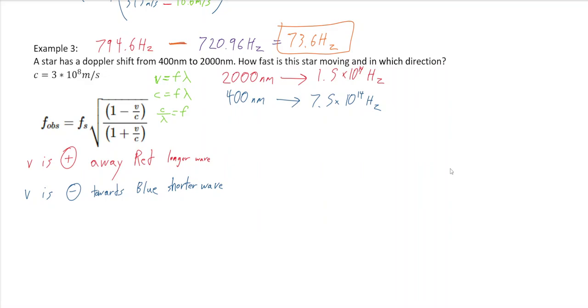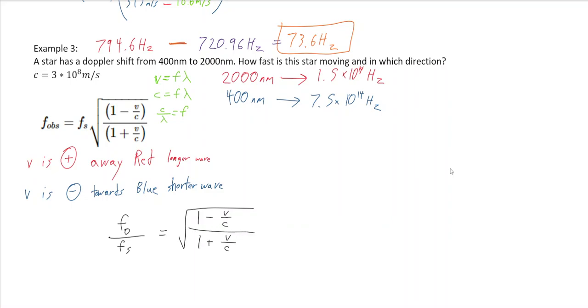We can use those in our formula, but let's rearrange and see if we can solve for the speed of the star. Okay, this might be a little bit challenging, but hopefully we can get there. So F observed divided by F source equals the square root of this whole lovely, beautiful thing.